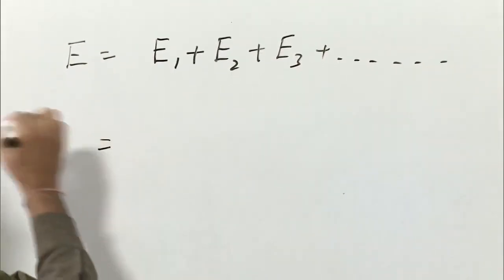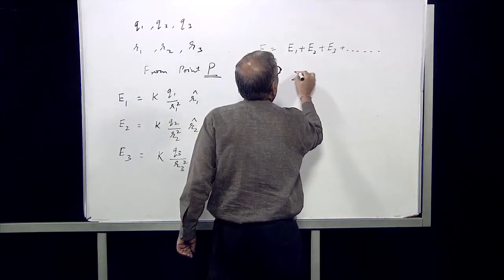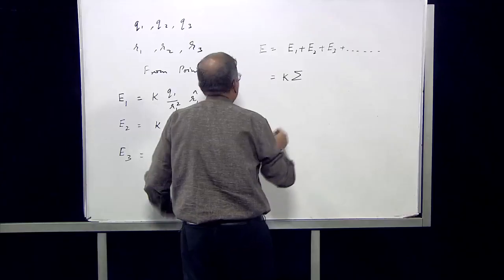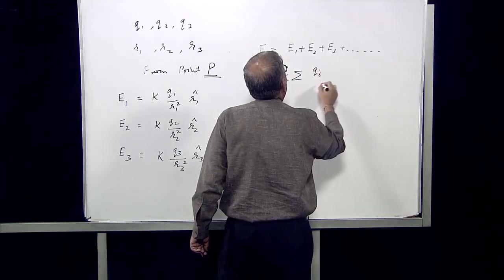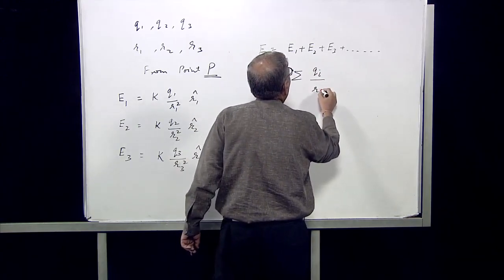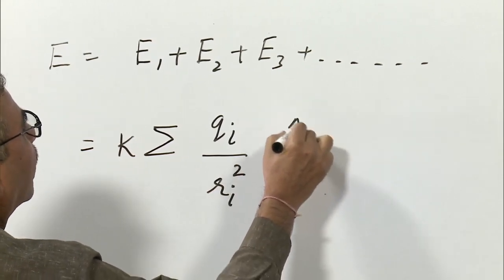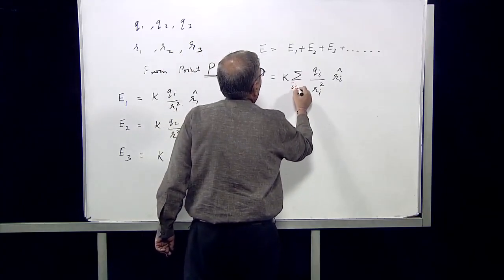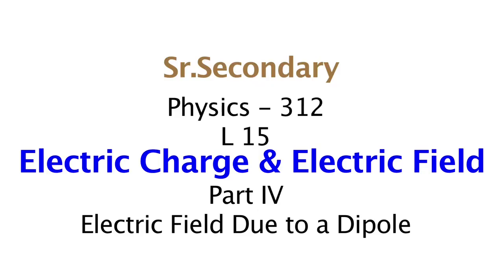We can write it using summation: sigma, K outside the summation, then Qi upon Ri square Ri cap. Summation is from i equal to 1 to n.